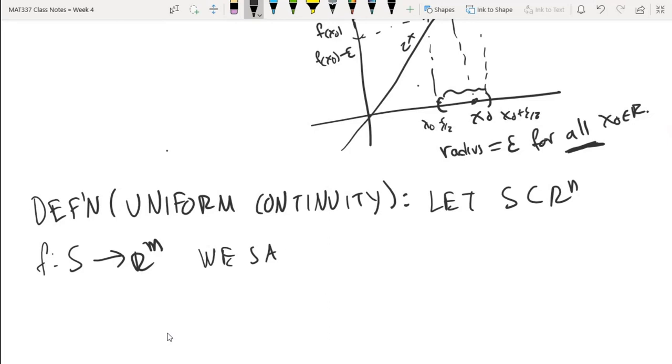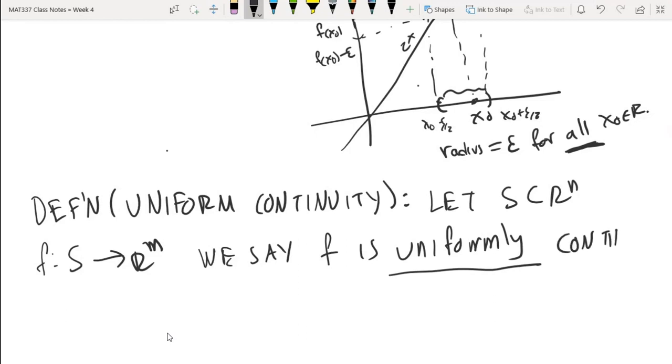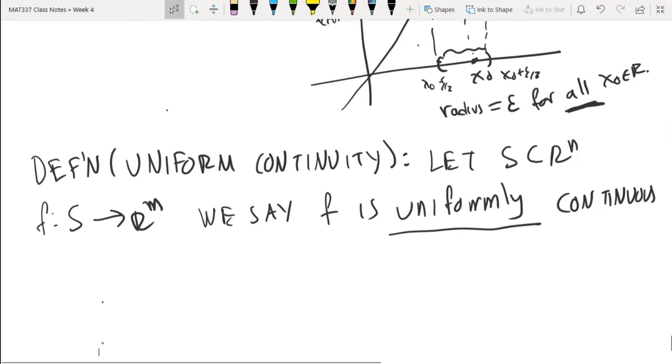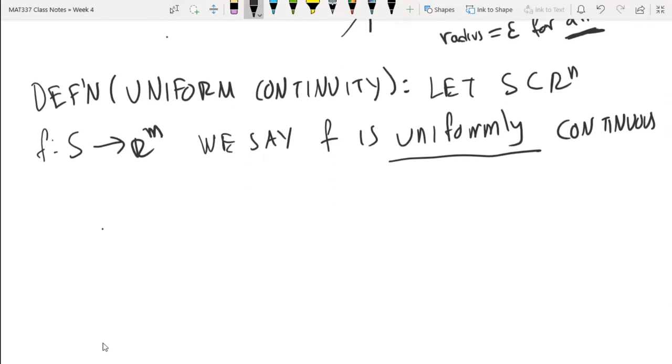We say f is uniformly continuous if the following is true.